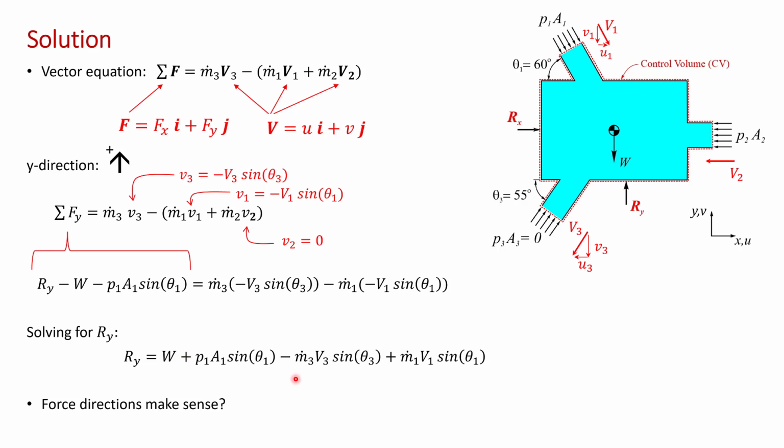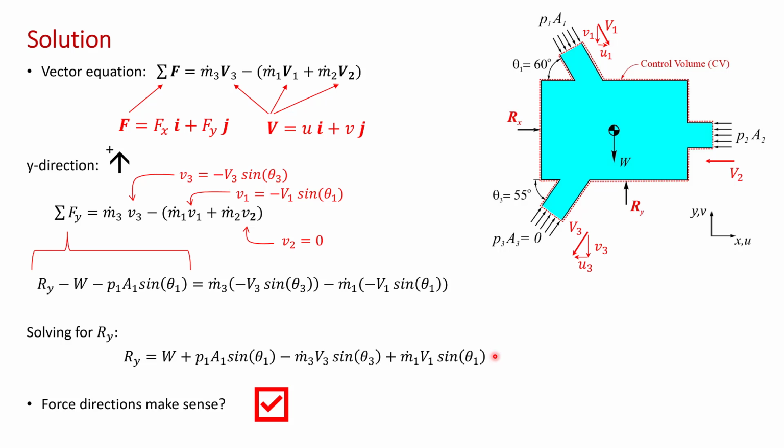In terms of the momentum flux terms here, this m dot 3 v3 term is the momentum leaving the control volume, which would produce a thrust that would act to lower Ry, so it makes sense that that's a negative. And the incoming momentum here would act to increase Ry. Makes sense, so that's a positive. So the directions of the terms make sense.